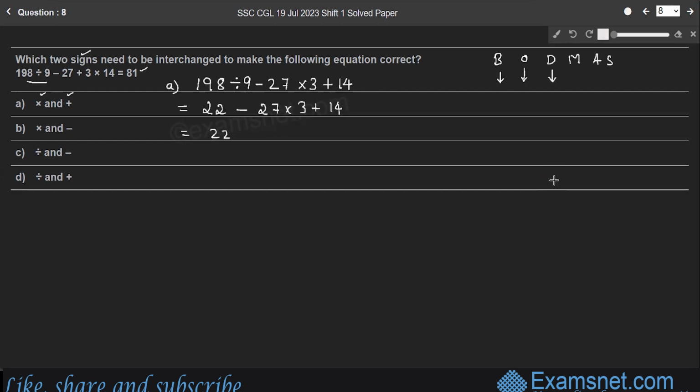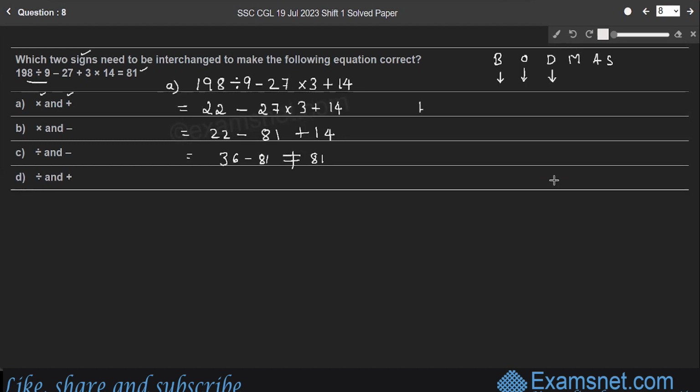So 22 minus 27 into 3, which is 81, plus 14. Next comes addition followed by subtraction. 22 plus 14 is 36, minus 81 gives a negative integer, right? Which is not equal to 81, the RHS. So if we interchange plus and into signs, the equation will not be correct.